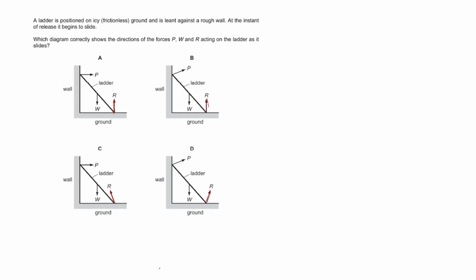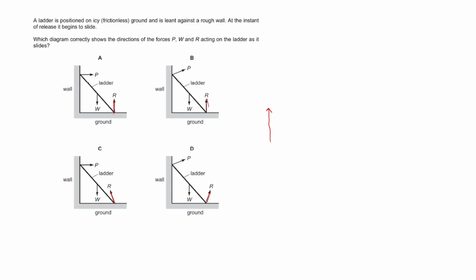Since the ground is frictionless, we know that there is no force going left and right. It's simply the normal force. So in this case, R should be going straight up. If you think about it, imagine you have a ladder on dirt against a wall.